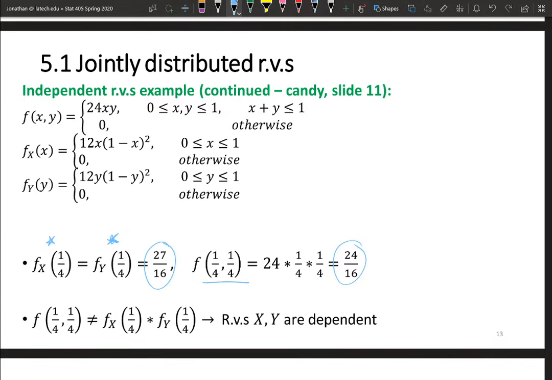So basically 24 over 16 right here is not equal to 27 over 16 times 27 over 16, which means that the random variables are not independent. So they are dependent. There is some relationship between x and y. And we already know that it's the relationship between the PDF and the bounds.